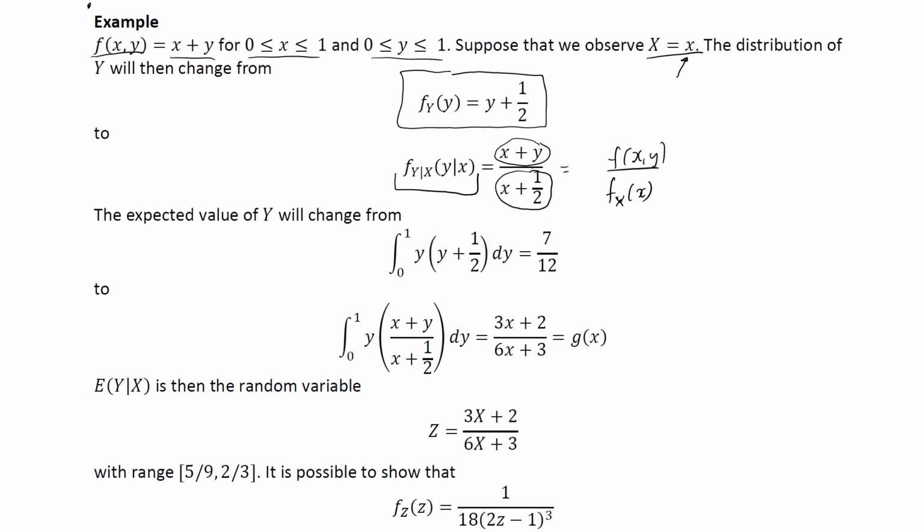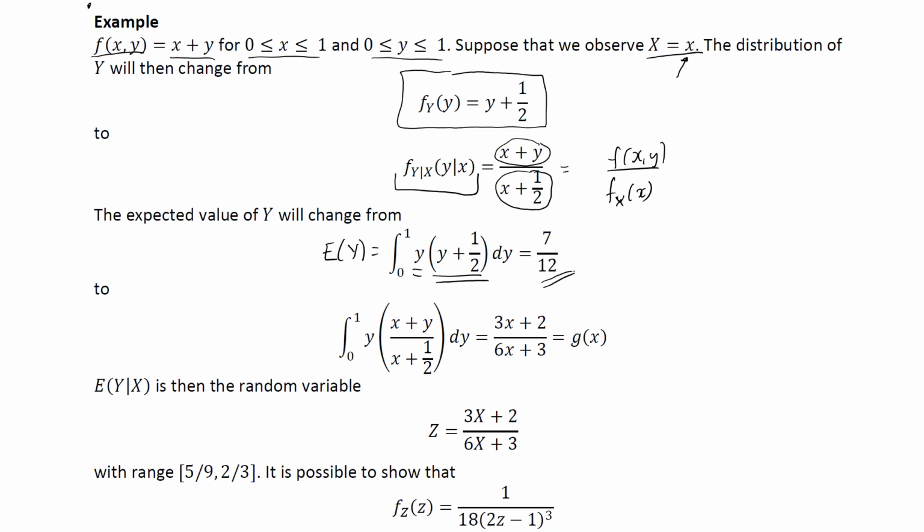Note specifically that the conditional density will depend on y as well as on this particular value of x that we have observed. So this is the unconditional expectation of Y. I integrate y from 0 to 1, y times the marginal of y. This integral comes out to be 7 over 12.